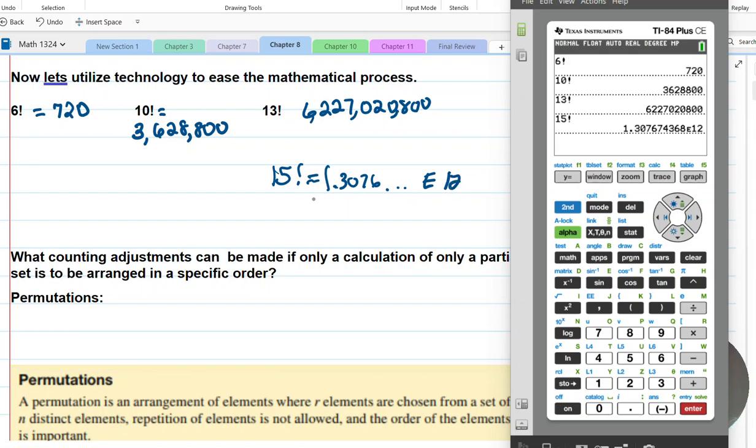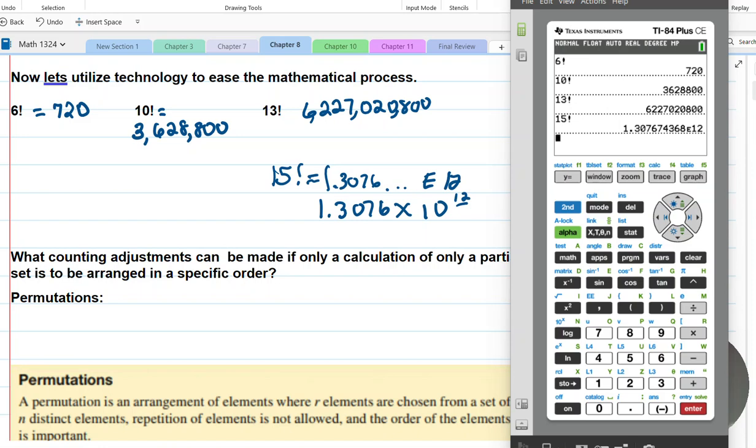That means that it's in scientific notation. So big that it is 10 to the 12th. And that's only an approximation.